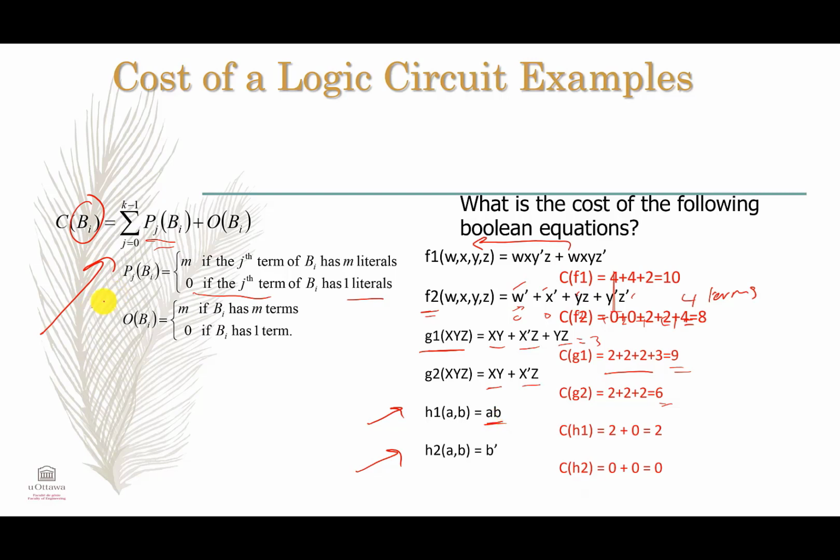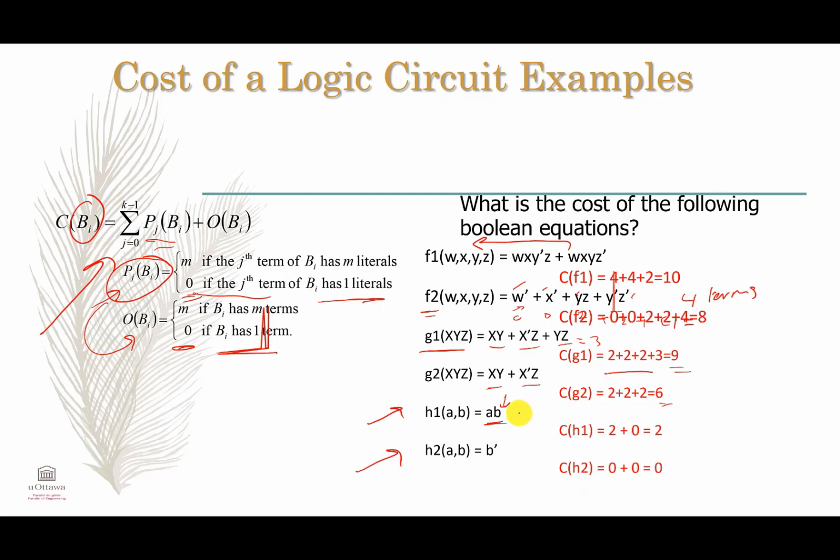Therefore, the cost to implement the term will be equal to 0, because this function has only 1 term. And the cost to implement the term will be the number of literals, and unfortunately this term has 2 literals.